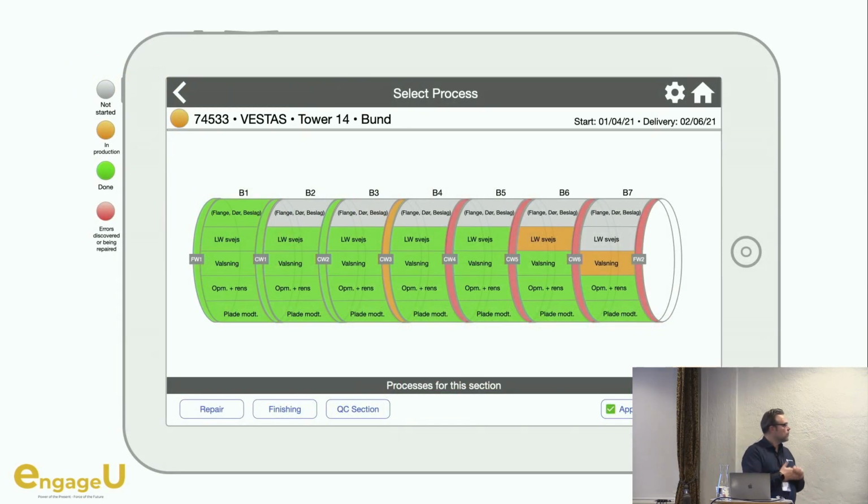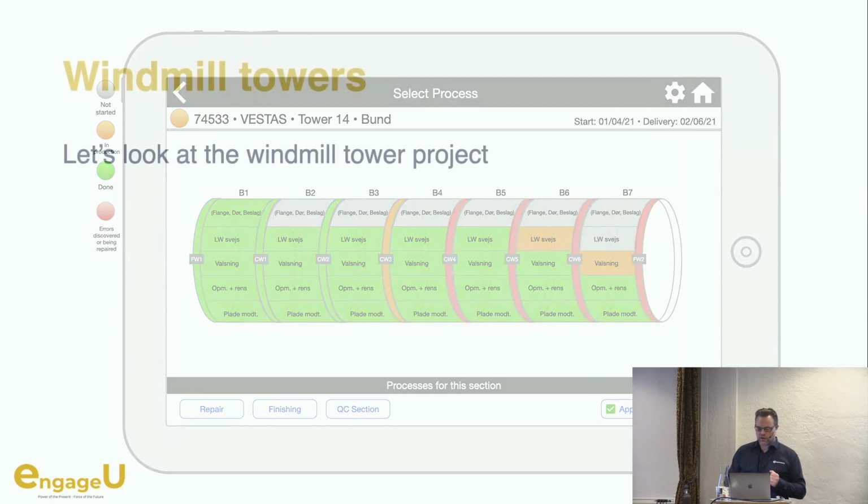So the idea was to say, hey, dear welder, you get an iPad and look at the drawing and press the section or the wrap and the process that you are going to enter some information about. And that's it. So that's basically the idea here. But it gets much more visual and much more relatable for the people who are working with it. And again, mind that they are workers, not office people.